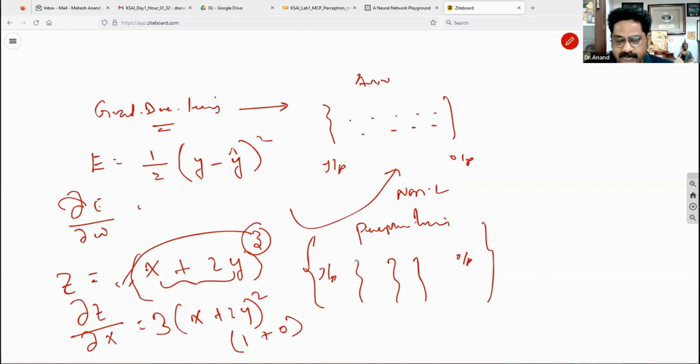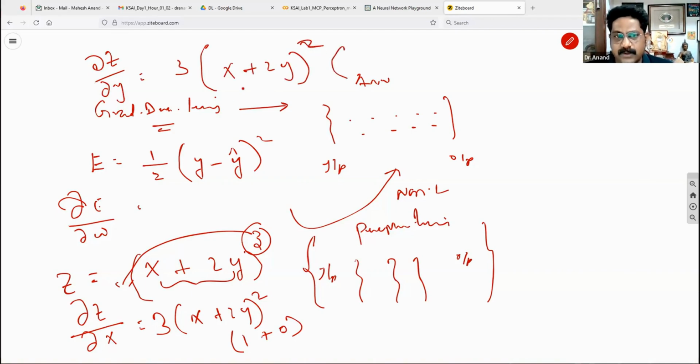Similarly, if I partially differentiate with respect to y, what will happen? Dou z by dou y: bring the power in front, x plus 2y, reduce the power by 1, so power 2, apply the chain rule. Now with respect to y, x is a constant, so 0 plus 2y. If you differentiate 2y with respect to y, you get 2.